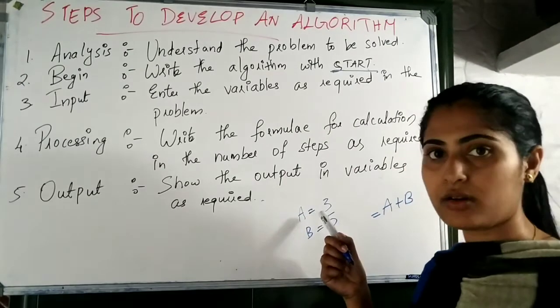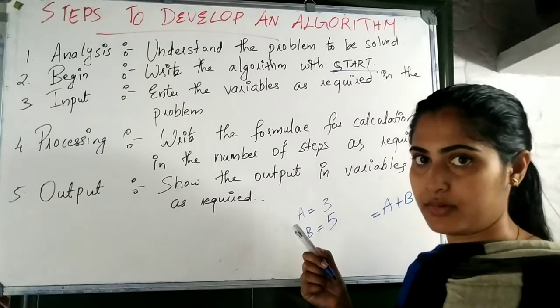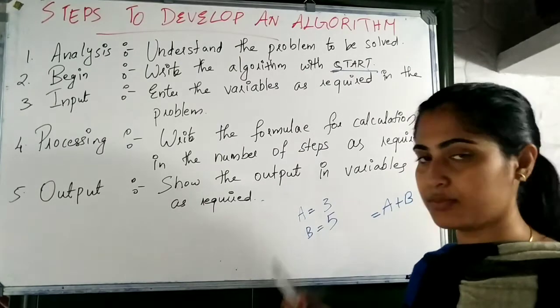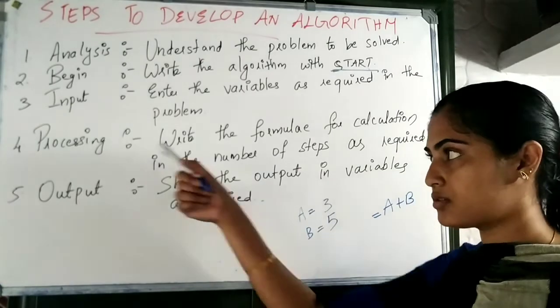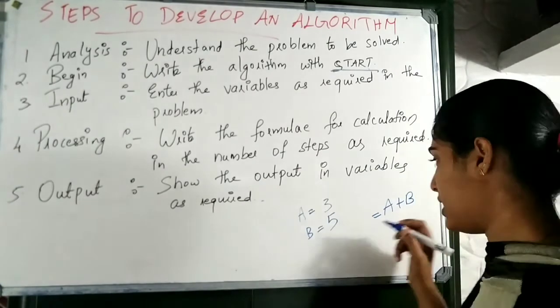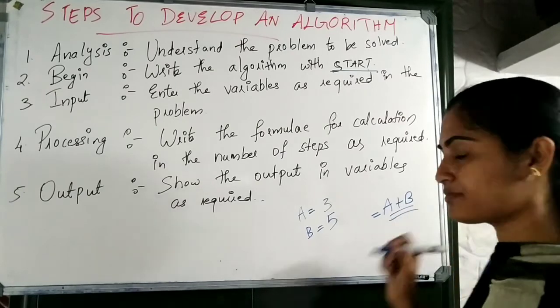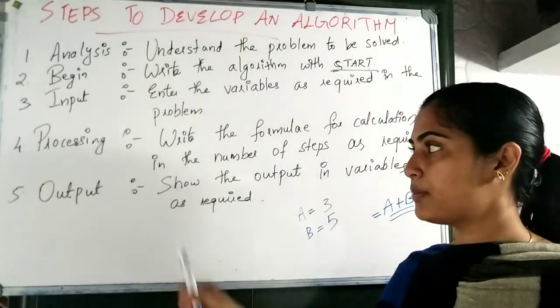I cannot directly write numbers, so my input is A and B, and I want to add this A and B. So in the processing step, I will be adding A and B. That is what you mean by processing.